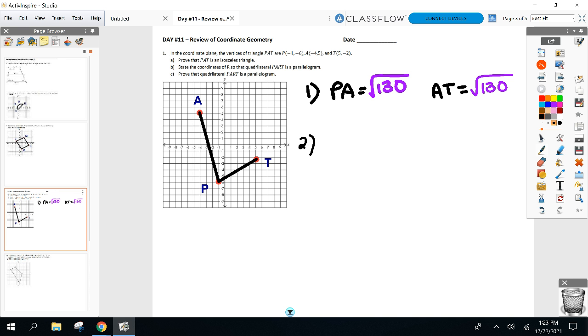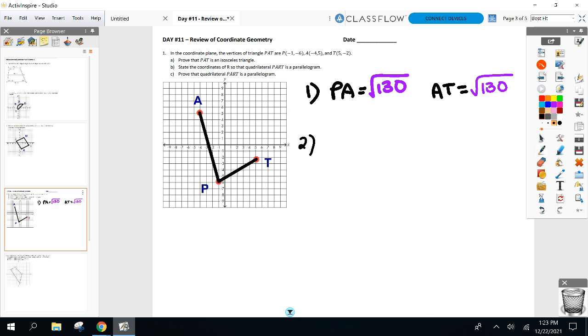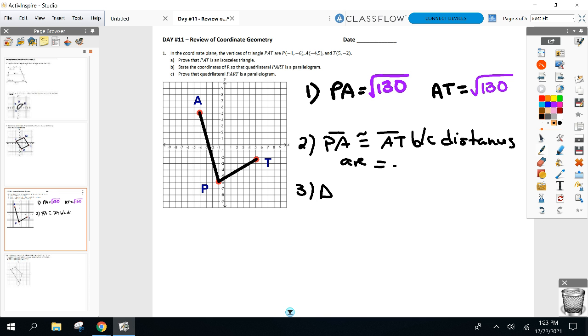Next up, you guys know the deal. After you show a formula, what did you just learn from it? So what did I just learn about PA and AT here? What do we know about the two now? They're congruent. PA congruent to AT because distances are equal. And then we could say triangle PAT is isosceles.